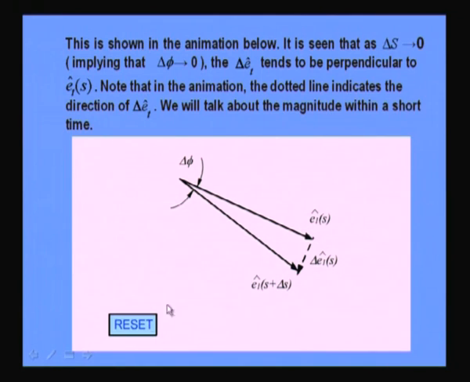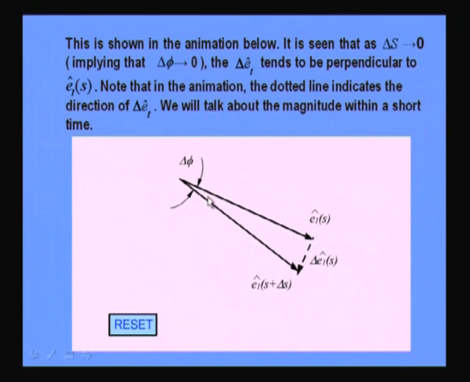As this animation makes it clear, these are the two vectors, ET at S plus delta S and ET at S, and the difference between them is indicated by delta ET. As delta phi tends to 0, delta ET tends to be perpendicular to ET at S.